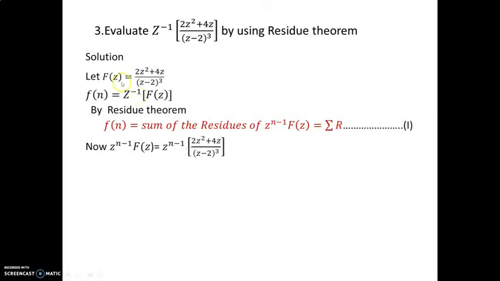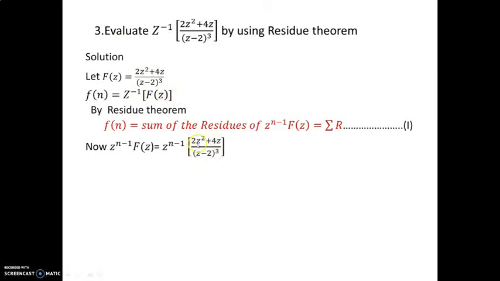The working procedure is to consider F of z and then multiply z power n minus 1 by F of z. We get z power n minus 1 F of z equal to z power n minus 1 into 2z squared plus 4z by (z minus 2) the whole cube.